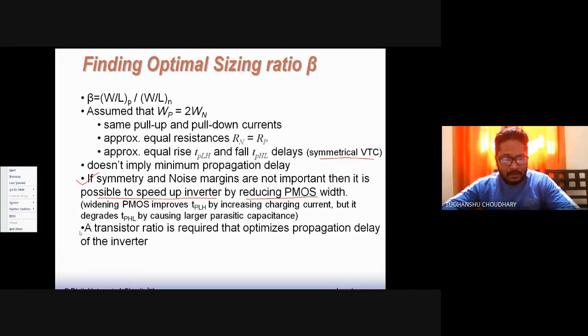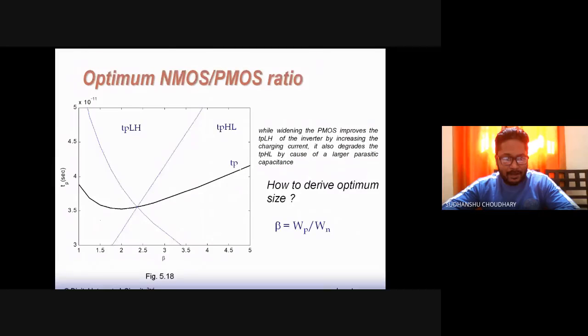Therefore, we arrived at a conclusion yesterday that an optimum transistor ratio is required, which optimizes the propagation delay of the inverter. We tried to find this optimum ratio of WP and WN, that is PMOS and NMOS, and we commented that it should be somewhere around 2.4 if I want a symmetrical VTC.